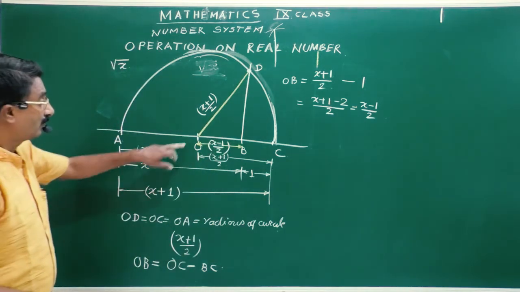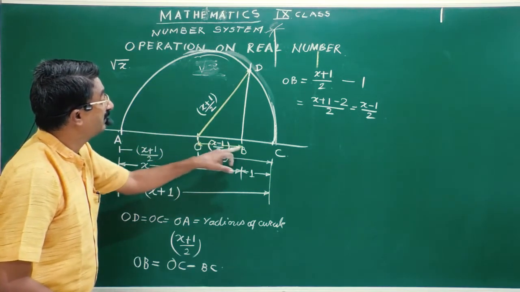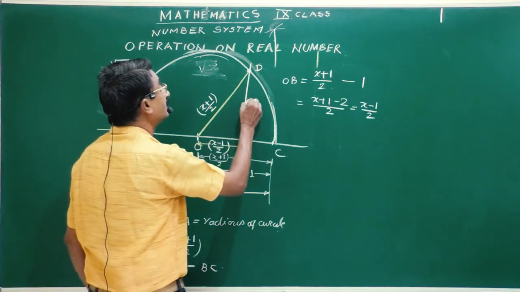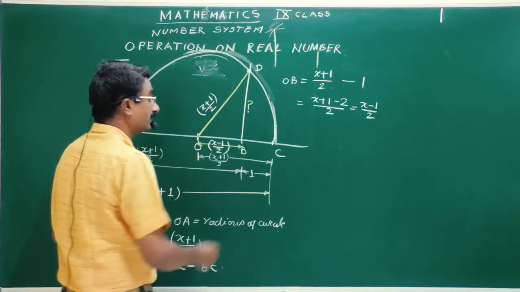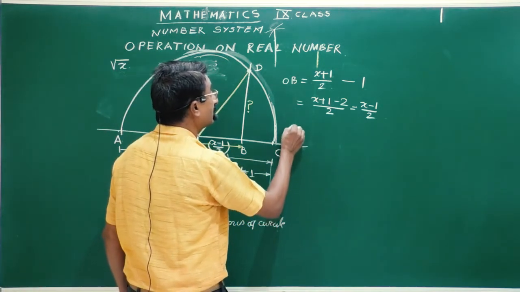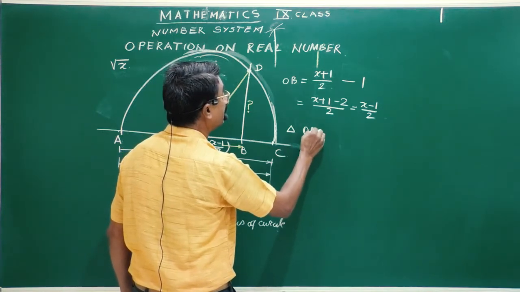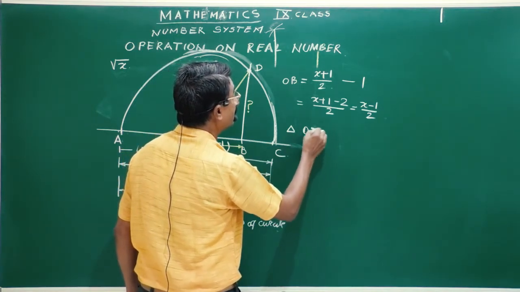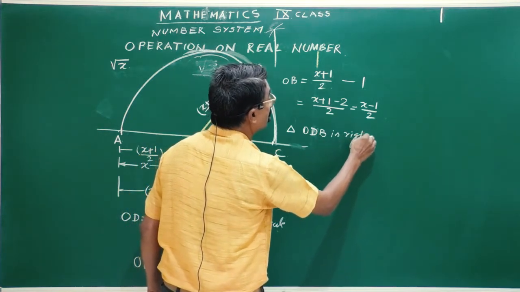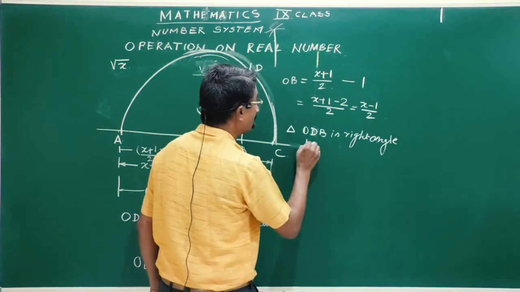Clear? OD is (x plus 1) upon 2, OB is (x minus 1) upon 2. We want to find out this one, BD. So triangle ODB is a right angle triangle.